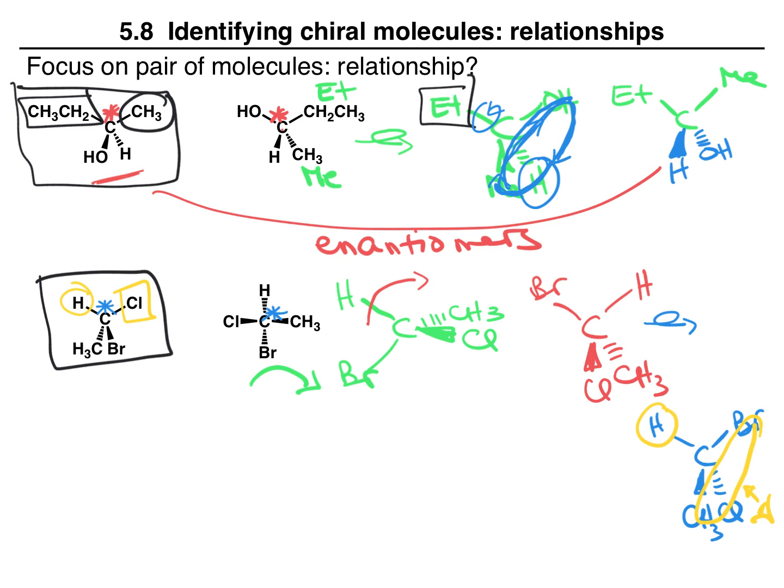So I'm combining my steering wheel with my clock. I want to turn my steering wheel this way so that the chlorine moves up to where the bromine currently is. I'm rotating around this bond so the hydrogen and carbon are in the same orientation.